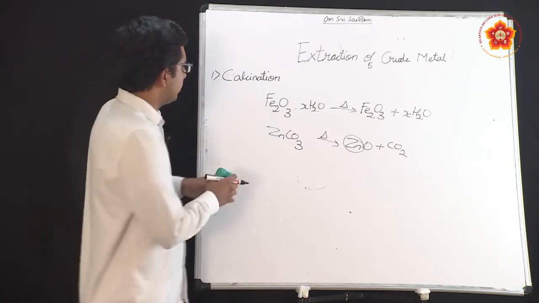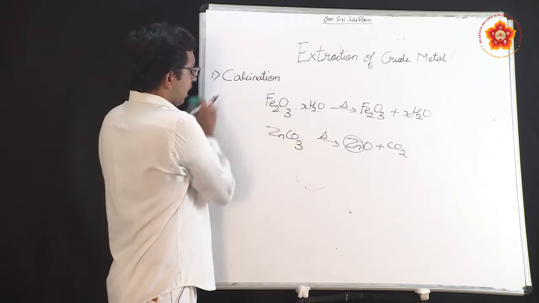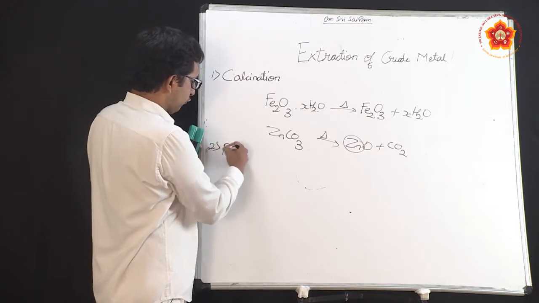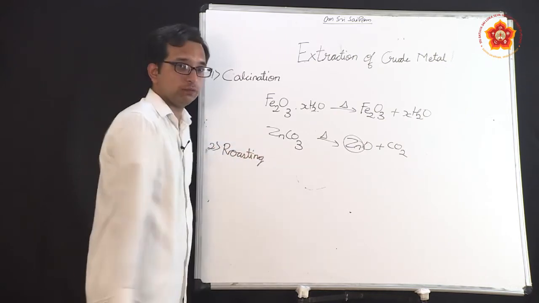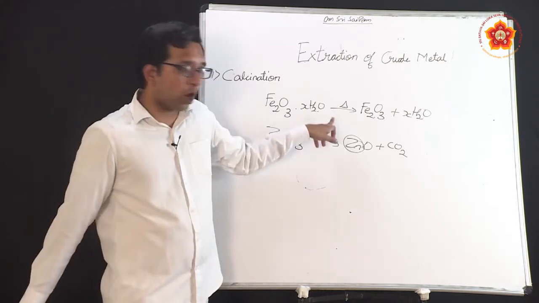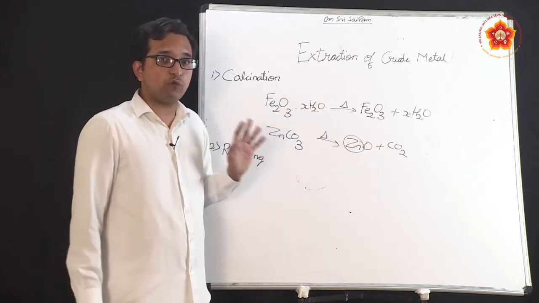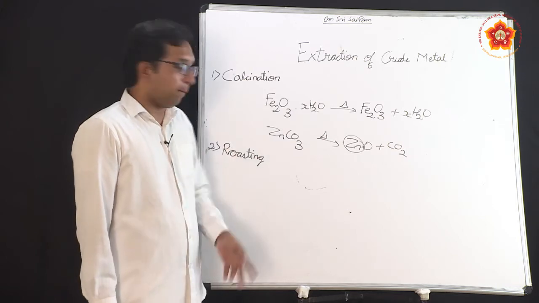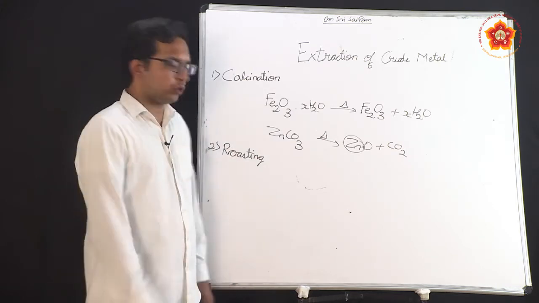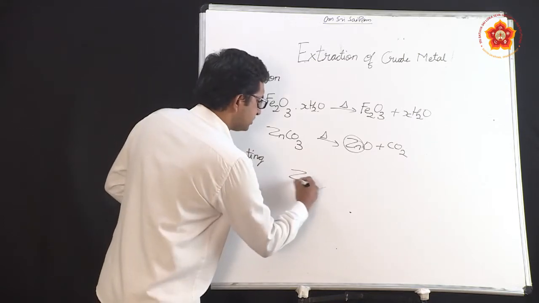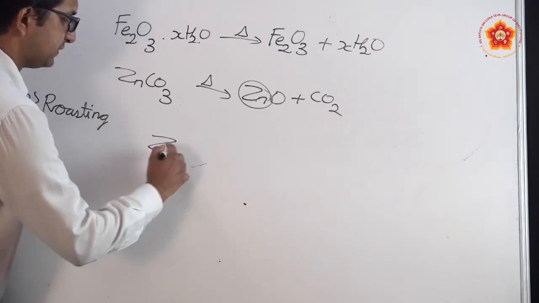The further part now: if this is one process, another process let me show here for comparison, and that I am going to call roasting. We heated compounds here in the absence of air or oxygen, but in roasting we do utilize air. Why do we utilize air? Let us understand with the support of one example.